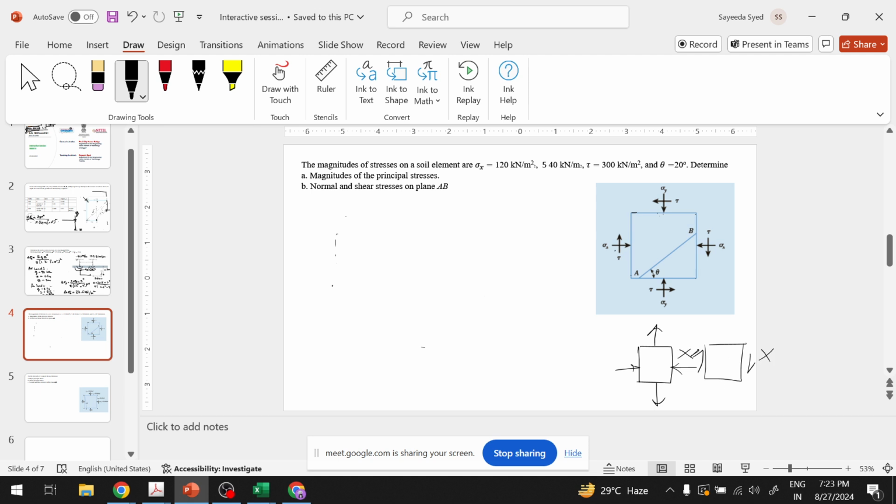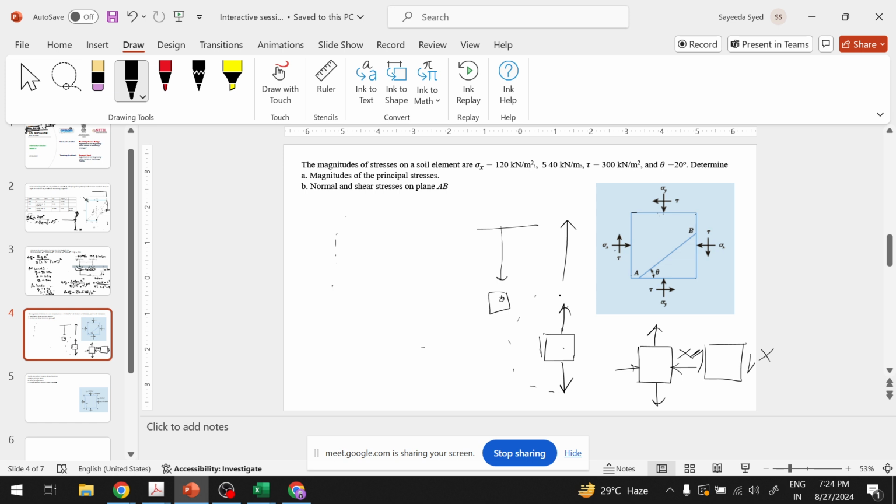When you draw a free body diagram on this plane, if you are pulling in this direction, it cannot be only in one direction, because this means that the body is getting dragged in this direction, which is not true. If you see a soil, there is load on this soil, but it is stationary. So there is also a downward pull, which is keeping this stationary.